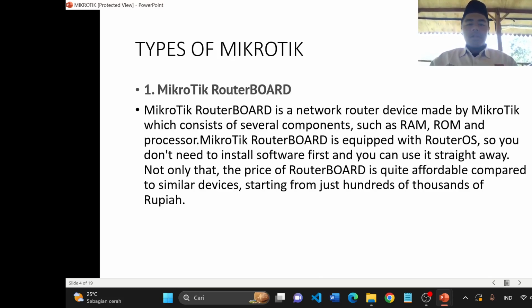Mikrotik RouterBoard is equipped with RouterOS, so you don't need to install software first and you can use it straight away. Not only that, the price of a RouterBoard is quite affordable compared to similar devices, starting from just hundreds of thousands of rupiah.